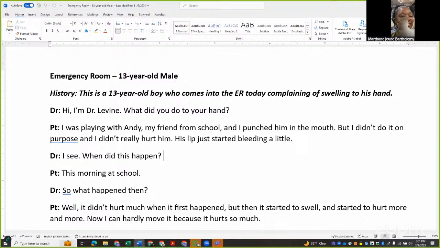I was playing with Andy, a friend from school, and I hit him with my elbow in the mouth, in the lips. It's not really bleeding, but it's bled a little.